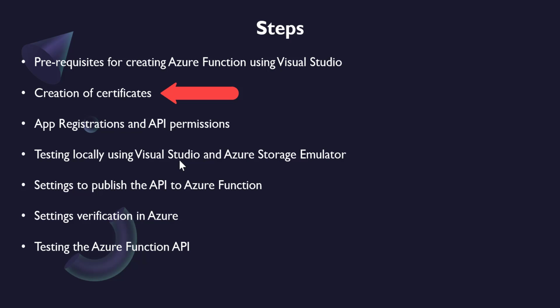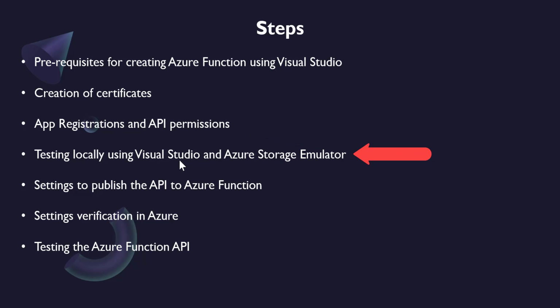The certificate is required for authentication to SharePoint Online using Azure Function. Third is app registration and API permission. So we have to register an app in Azure and assign appropriate permissions for Graph or SharePoint, so that our API will use this app to communicate with SharePoint.